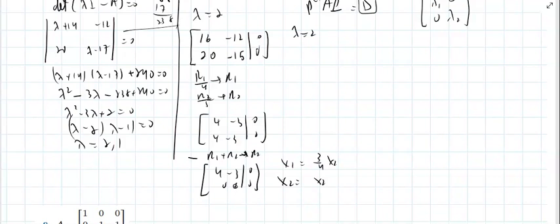Again, they clear the fractions, so they multiply by 4, make that a 3, and that's a 4.